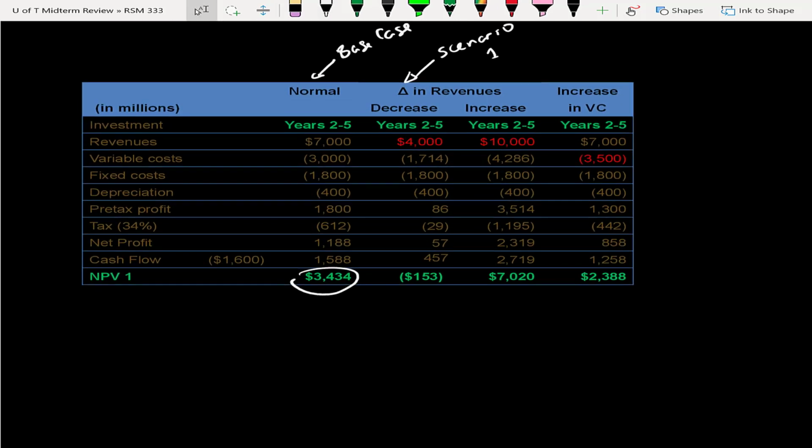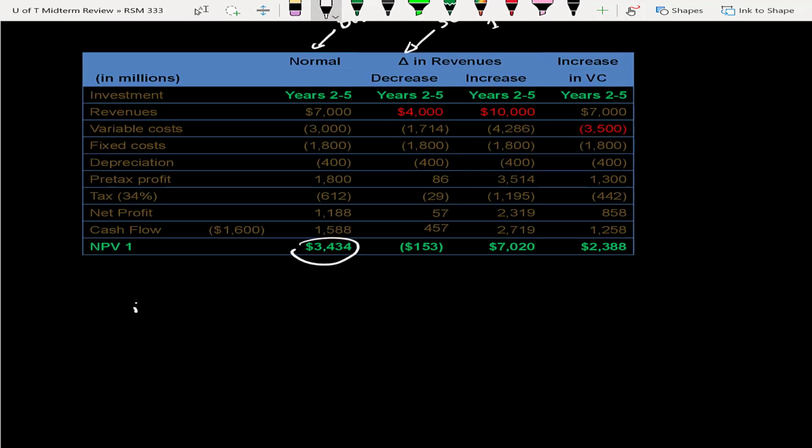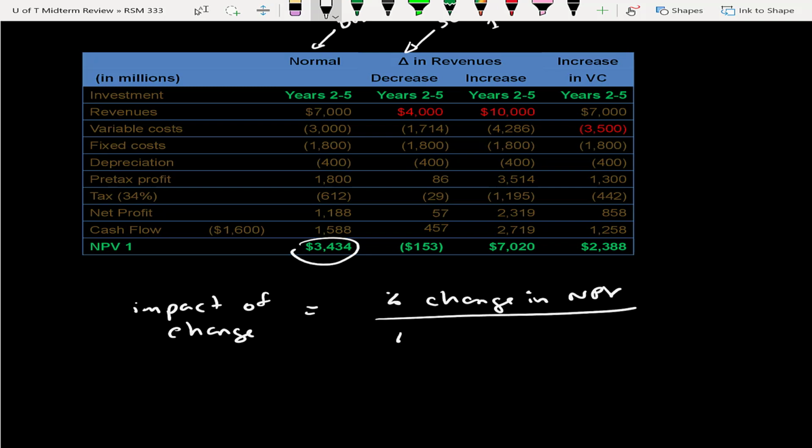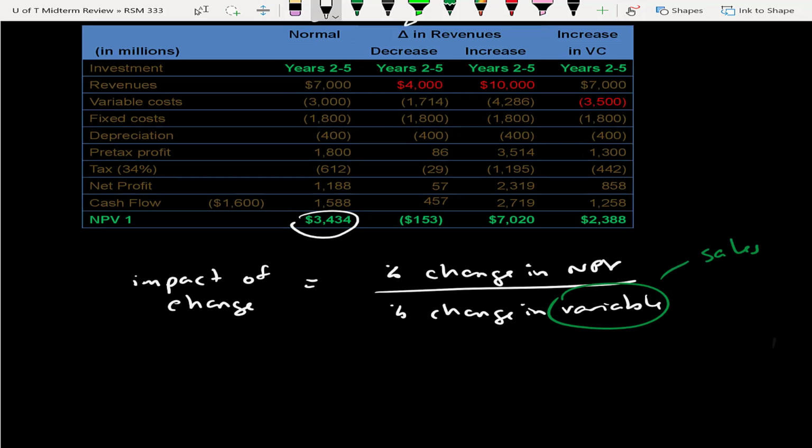So the formula that we use is, the impact of change will depend on the variable. So the percentage change in net present value that is caused by the percentage change in the variable. And in our case, in scenario one, the variable is going to be sales. We're assuming that sales will be lower.